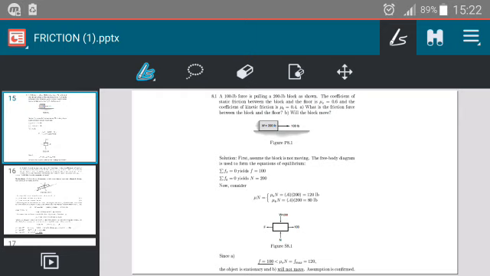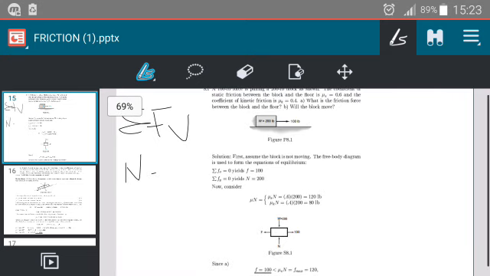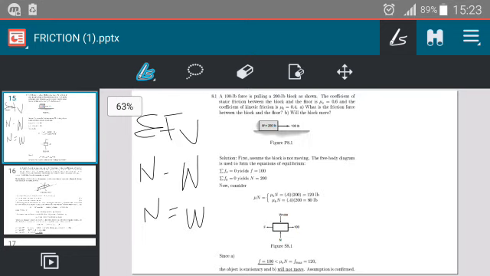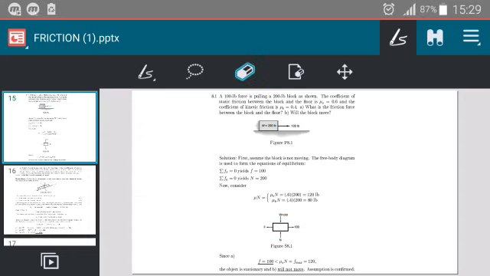Una, kukunin lang natin yung normal force gamit yung summation FV. N minus W. So, N is equal to W. Kaya yung normal force natin is 200 pound. Given na mu na 0.6. At nakuha na rin natin yung normal force na 200 pound.